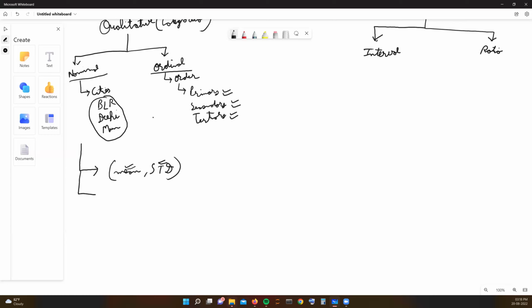But what you can do is calculate the mode here. Mode is basically the value that is repeating most of the time. For example, in our people data, Delhi is coming a lot, meaning 90% of people are residing in Delhi, right? So Delhi will be the mode of this particular nominal data. So we can calculate mode and value counts here.